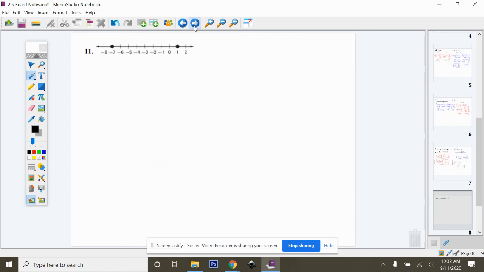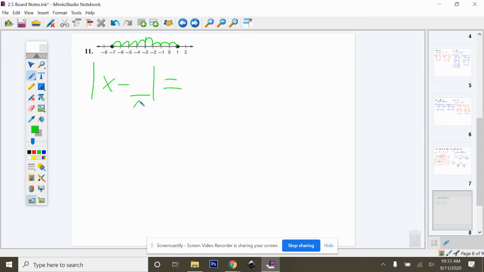Okay, so let's try it again. Now this one, we got to find the middle. I think it's at negative 3, but let's count. 1, 2, 3, 4. 1, 2, 3, 4. Okay, so negative 3 is definitely my middle. So we're going to start with x minus equals.